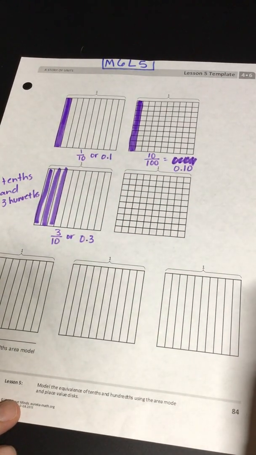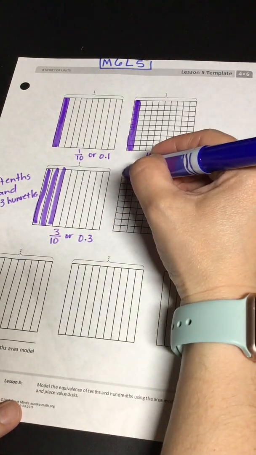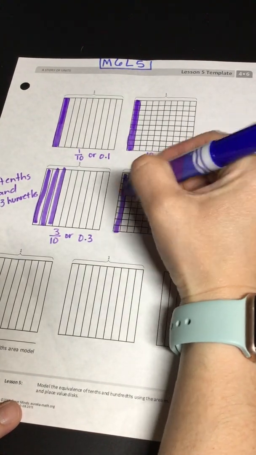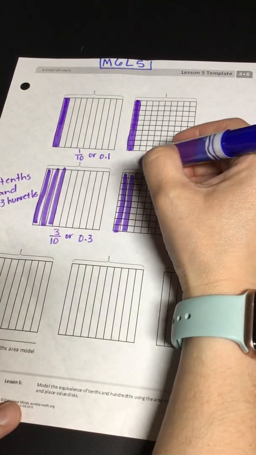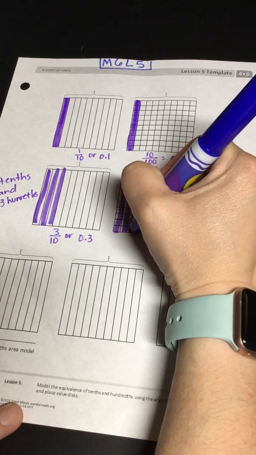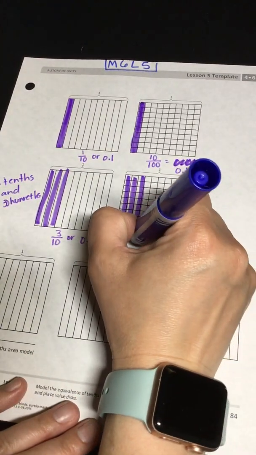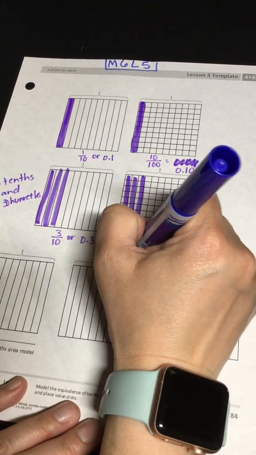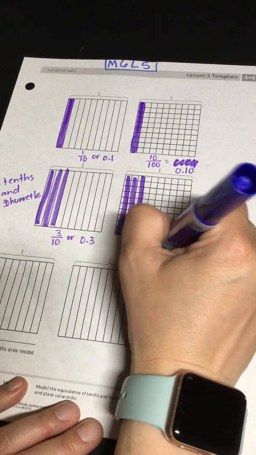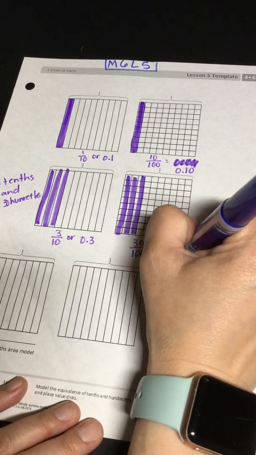Or if I colored in 3 here, 1, 2, 3, I'm sorry, it would be 30 hundredths. Come on, Mrs. Boswell. So I would have 30 hundredths, or 0.30.